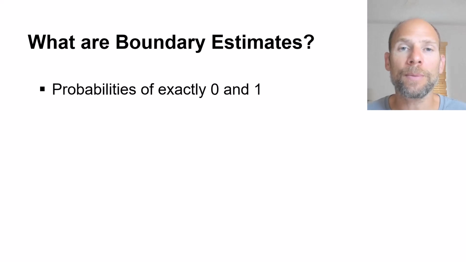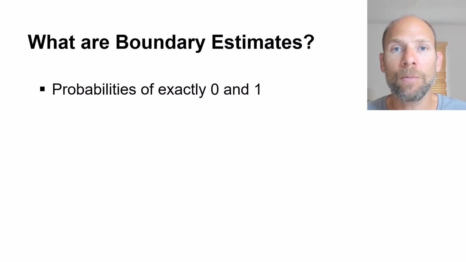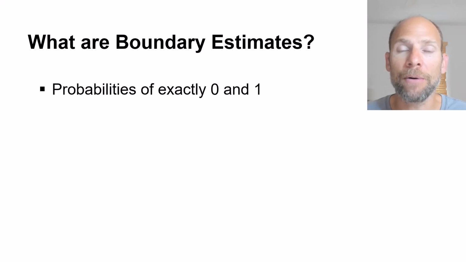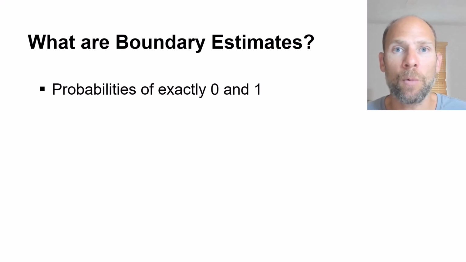And so when you obtain a probability of exactly 0 or exactly 1 for a parameter in latent class analysis, then that is called a boundary parameter estimate, because this is a value that is exactly at the limit, or those are values that are at the limits of what probabilities can be. Probabilities cannot be smaller than 0 and they cannot be greater than 1, and so therefore values of 0 and 1 are exactly at the boundary of the admissible parameter space for probabilities.